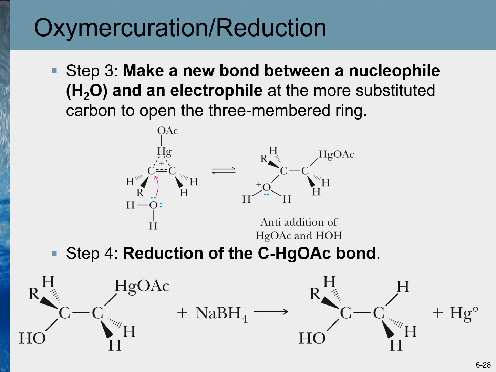In step 3, anti-attack of water, which acts as a nucleophile, on the bridged mercurinium ion intermediate occurs at the more substituted carbon atom to open the three-membered ring. The proton transfer from this oxonium ion to water completes this oxymercuration reaction.